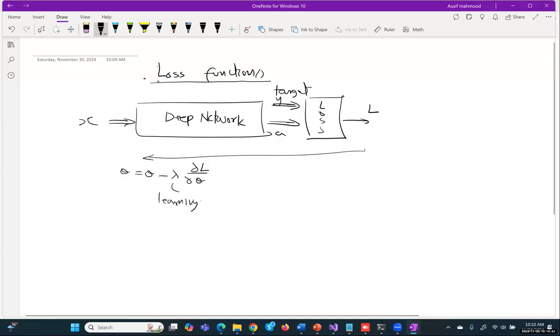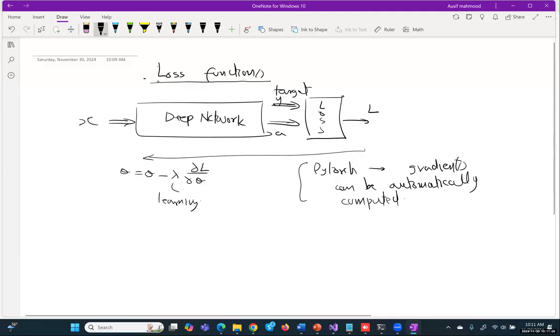So as we discussed in PyTorch, the gradients can be automatically computed. It has a very powerful mathematical engine which can compute the gradients.